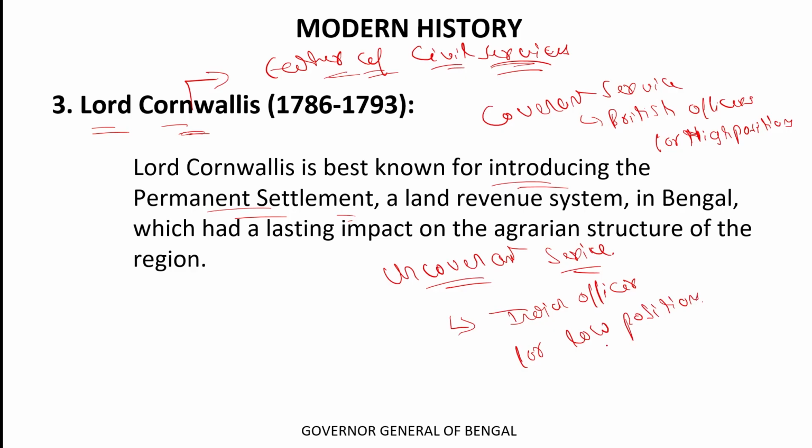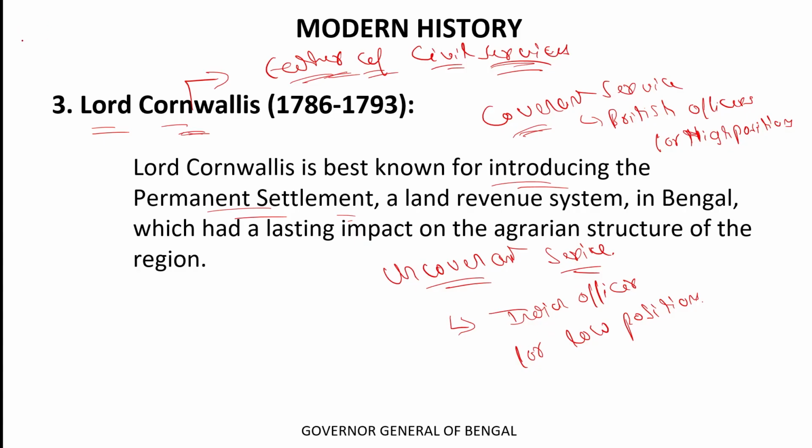So this system was introduced by Lord Cornwallis. Got it? That's why he is known as the father of civil services. He introduced two types of services: covenant services only for British officers for high positions, and uncovenant services only for Indian officers for low positions.